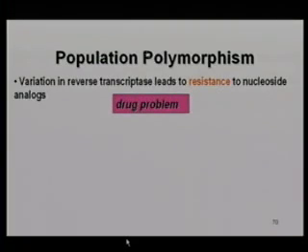Not only does the GP120 acquire all these mutations that allow it to escape the immune response, all of the proteins are getting mutated. The transcriptase gets mutated, and that allows the virus to escape the effects of drugs, which we'll talk about tomorrow, that attack the transcriptase.